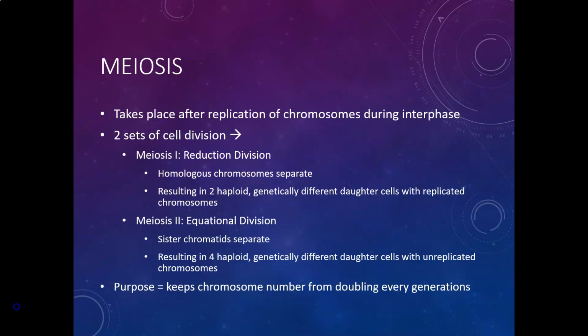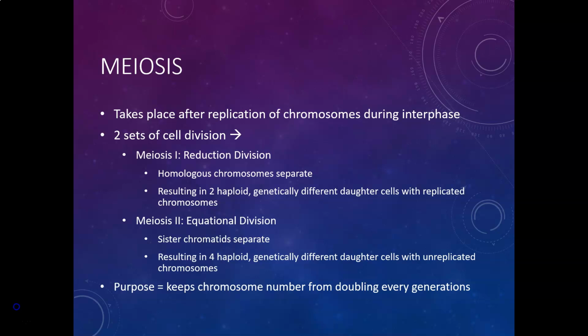Interphase will happen: G1, S, G2. But when we get into the division phase of the cell cycle, the division phase is going to happen twice, but there really is no second interphase for any real intensive purpose. And so that replication only happens during that initial interphase.